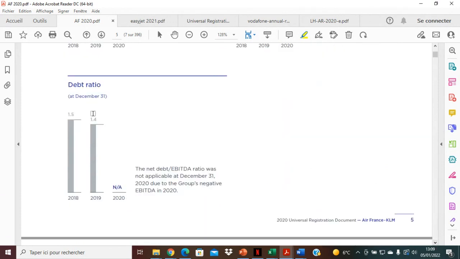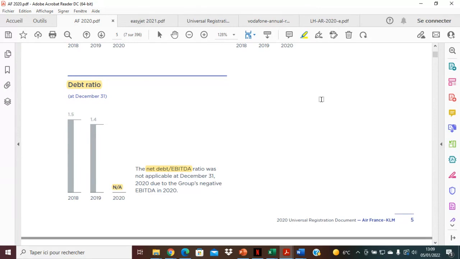And finally, a debt ratio. Debt ratio here is defined as net debt divided by EBITDA. So it tells us something about the capacity of a company to reimburse its debt. For 2020, the number is not given. Why not? Well, because EBITDA is negative in 2020. Therefore, it doesn't really make sense to present this number.